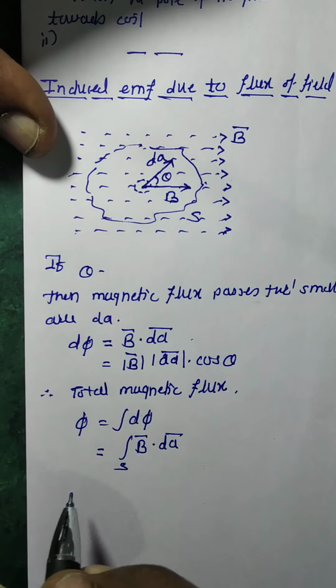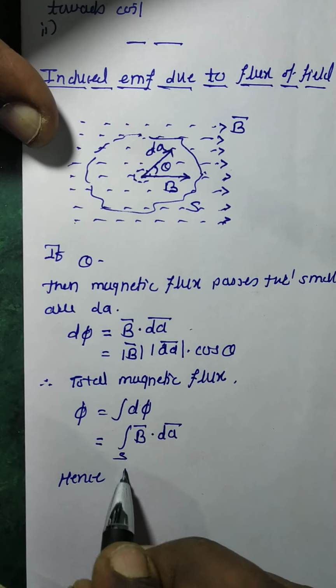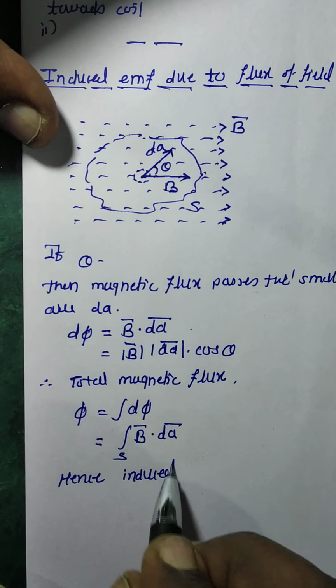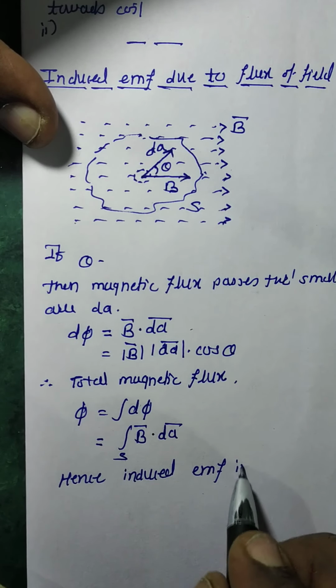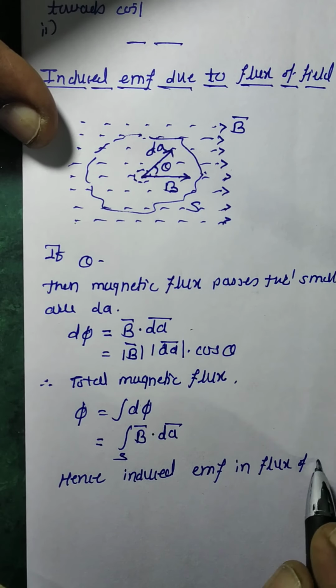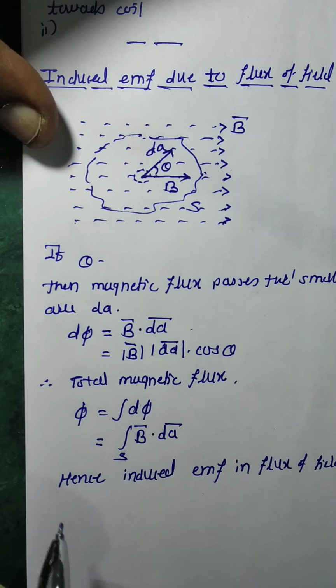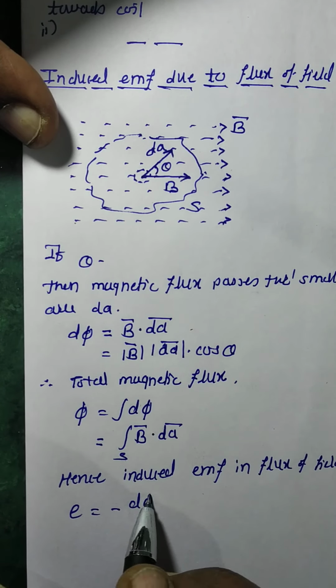Hence the induced EMF in flux of field is E equals minus d phi by dt.